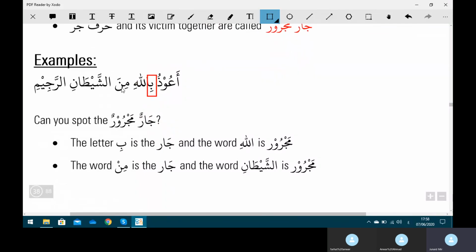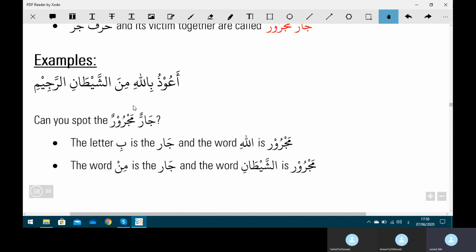That's why it's he and not hu or ha. Billahi, not billahu or billaha. Billahi is jar. So B, the letter B is jar and the word Allah is majroor. So that's a fragment there. Billahi is a fragment. It consists of the jar and the majroor.